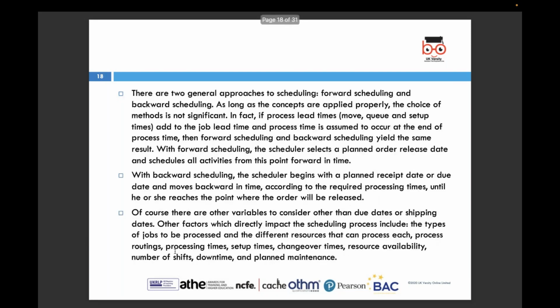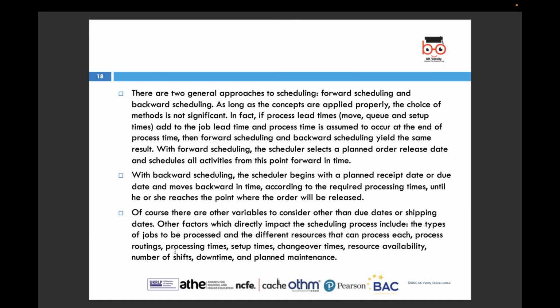Now, there are two general approaches to scheduling: forward scheduling and backward scheduling. As we already discussed, in forward scheduling, the scheduling begins by selecting a planned order release date. From this point onwards, all activities are scheduled in a sequential manner.